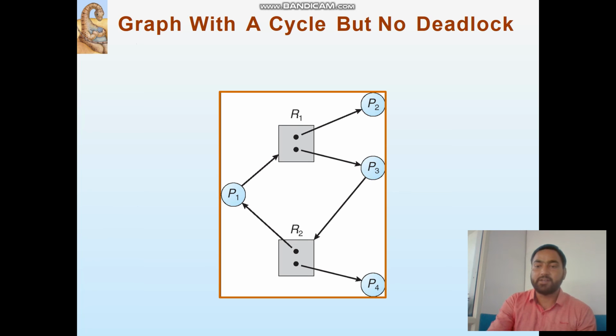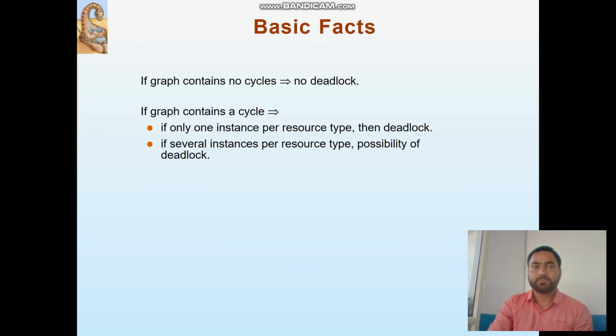So there is no deadlock in the system. These are some basic facts about the graph. If there is no cycle in the graph, then certainly there is no deadlock in the system, that is, the system is in a safe state.